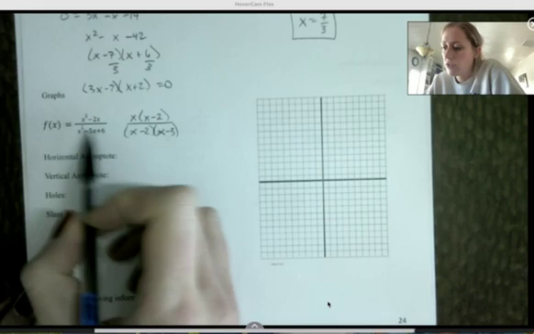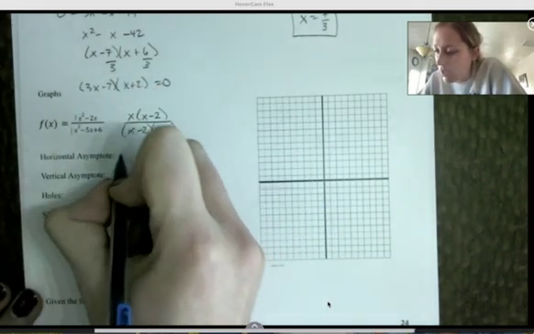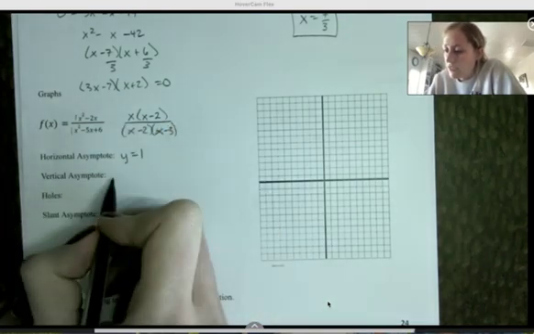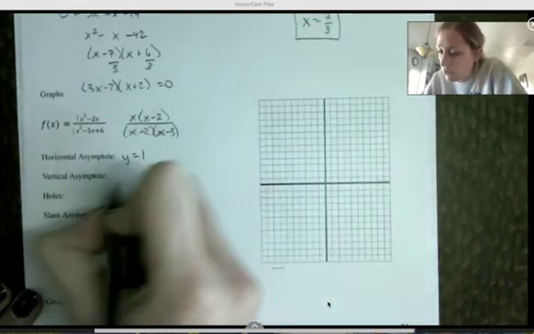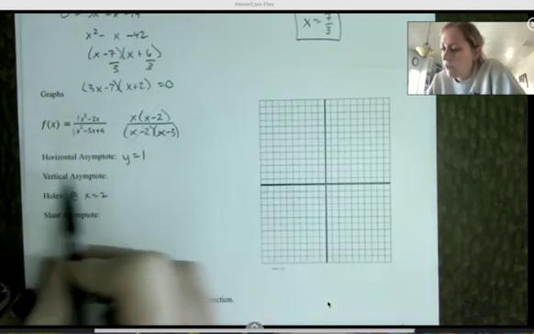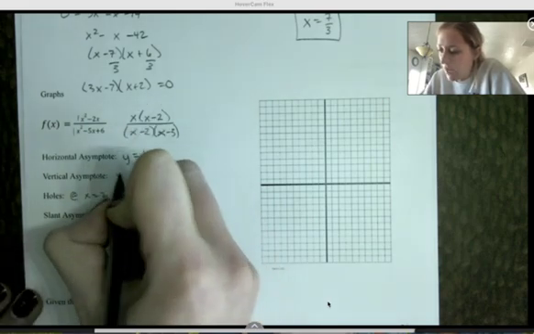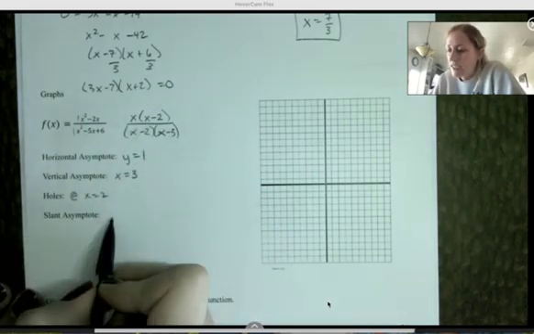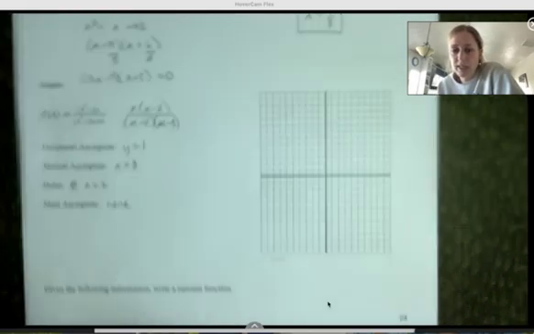Okay, so horizontal asymptote, I had the same degree, so the leading coefficients are 1 and 1. Vertical asymptote, I do have a hole here, so at x equals 2. And then vertical asymptote is the other piece that would make my denominator 0, which is going to be at 3. Slant asymptote, if there is a horizontal asymptote, there is not going to be a slant.